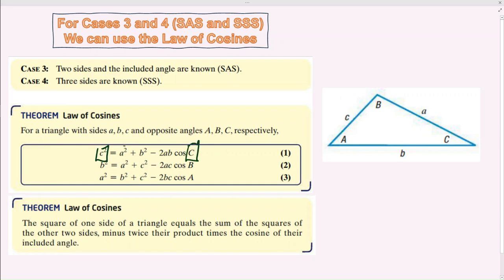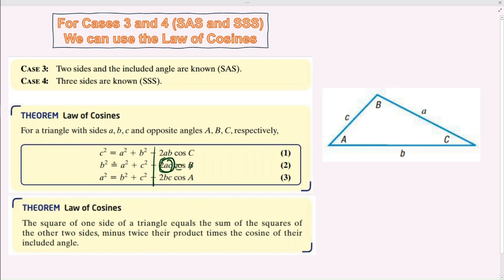On the extreme right is the angle C, and on the extreme left is the side length squared of C. Since these are all arbitrarily placed anyhow, it's better to think of the pattern that's happening. The pattern is that once I allocate a side length squared to the left-hand side of this equation, I then know that the other two sides are going to be squared and added, and then double their product. We subtract. We're always subtracting.